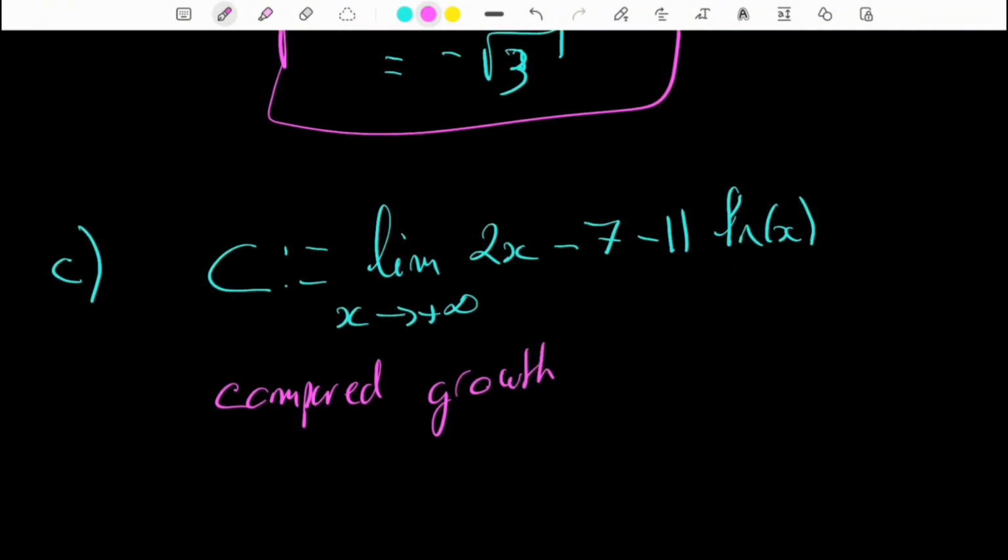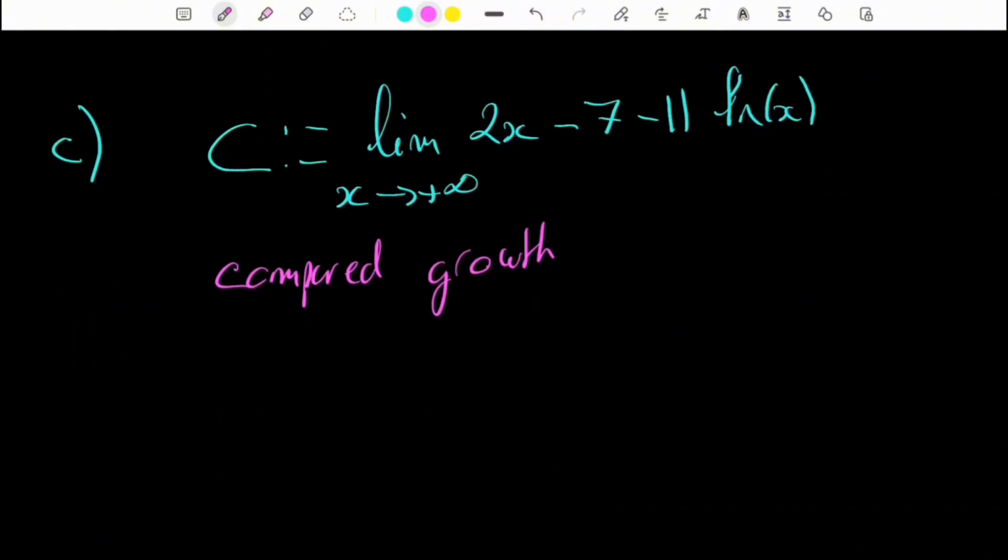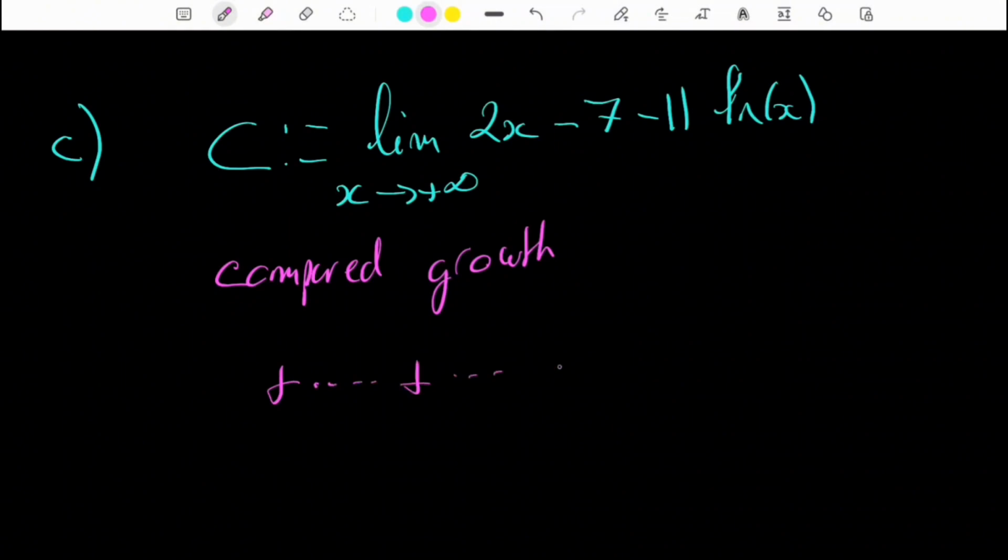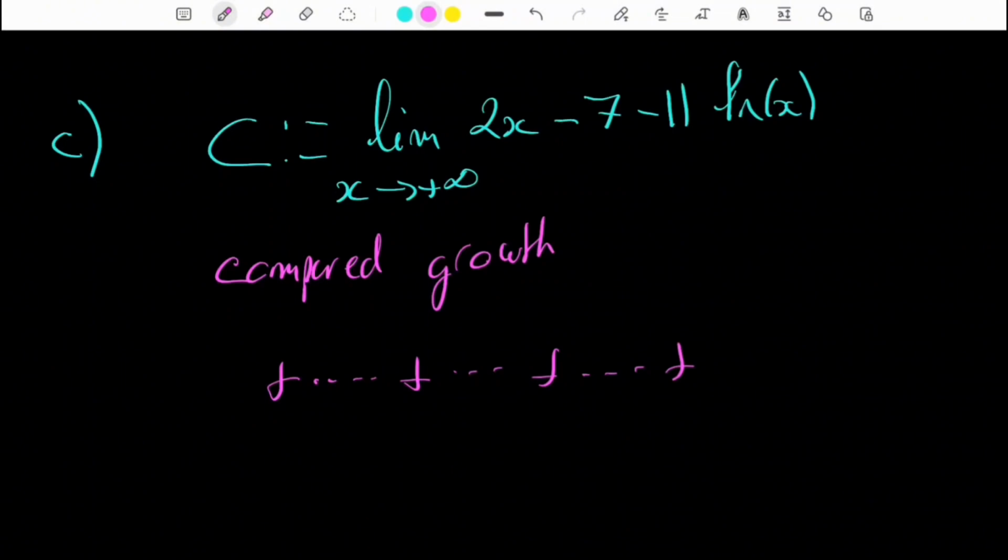Okay, what does it mean? It means that when there are some additions and we go to infinity, something is going to be stronger than another.